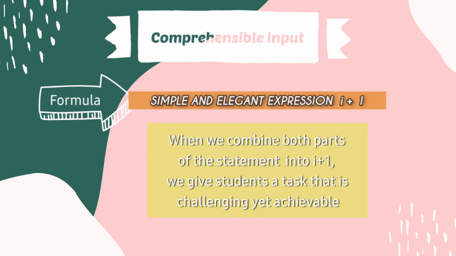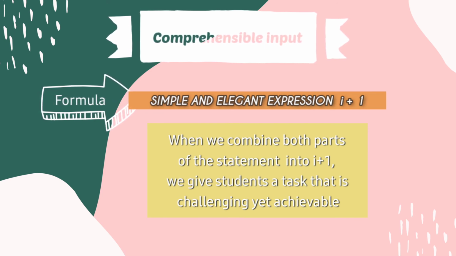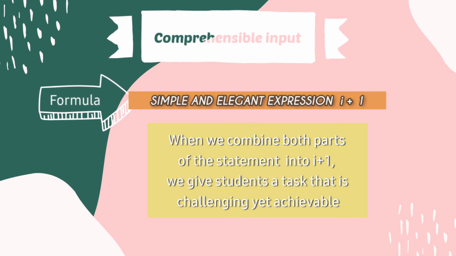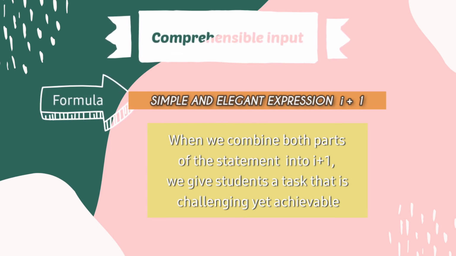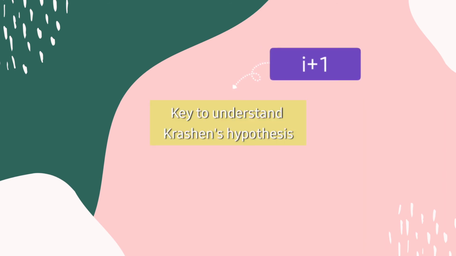So when we combine both parts into I plus 1, or input plus 1, we give students a task that is challenging yet achievable. And by the way, input is what you're putting in the learner's ears and eyes, whether it be audio, video, or written language. The I plus 1 expression is our key to understanding Krashen's hypothesis.